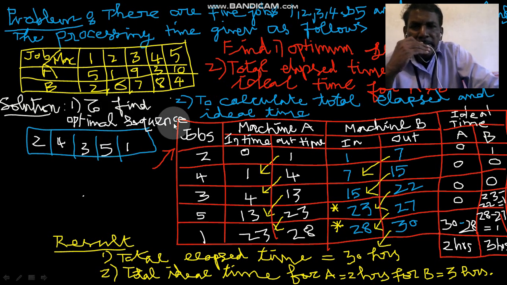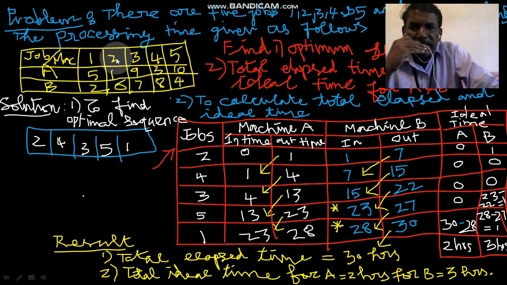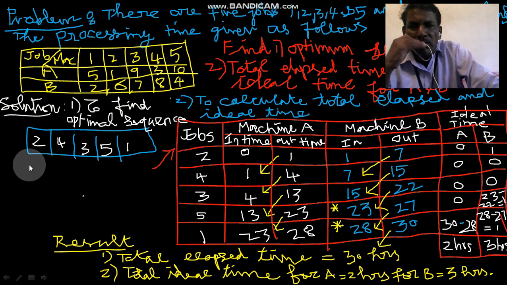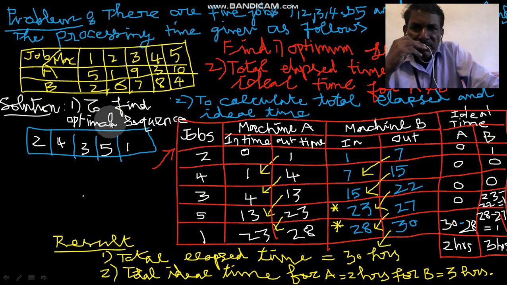I told you already. The least time here is 1 day, that corresponds to the second job in the A machine. Therefore we write job 2 in the left hand corner. Then strike out that.